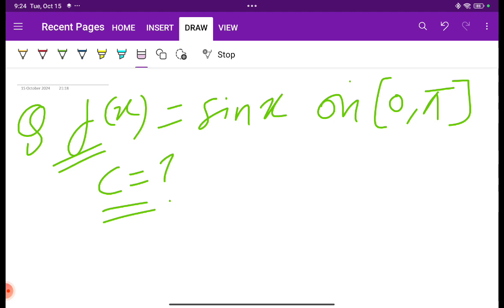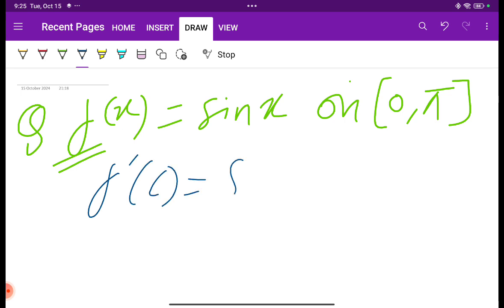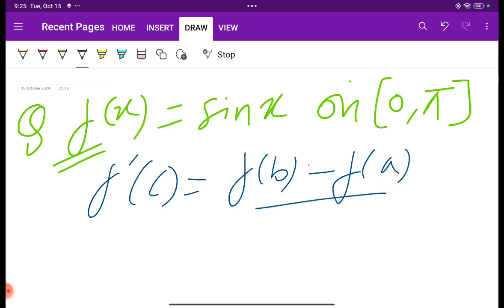Now see, the first step is we find f'(c) in accordance with our formula. We just need to write the formula right now: (f(b) minus f(a)) all divided by (b minus a).